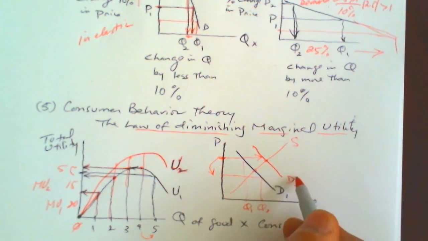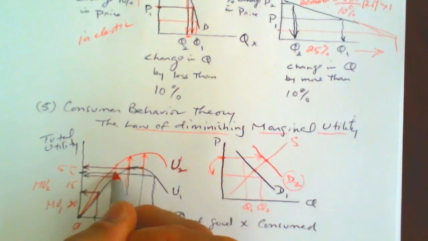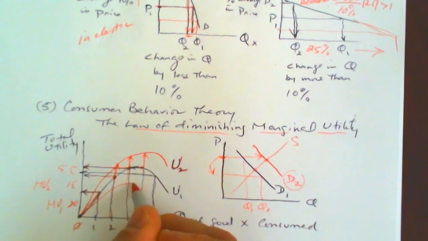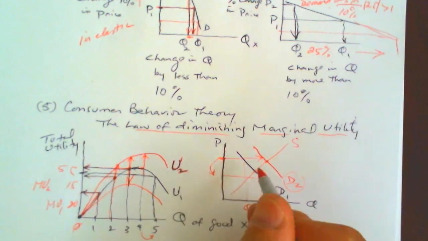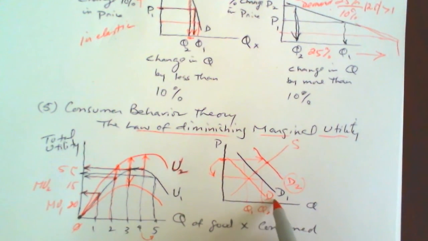So the new demand curve is associated with improved utility for the product. And by the same token, if the utility of the product has declined for whatever reason, then people walk away from the product and the demand will shrink.